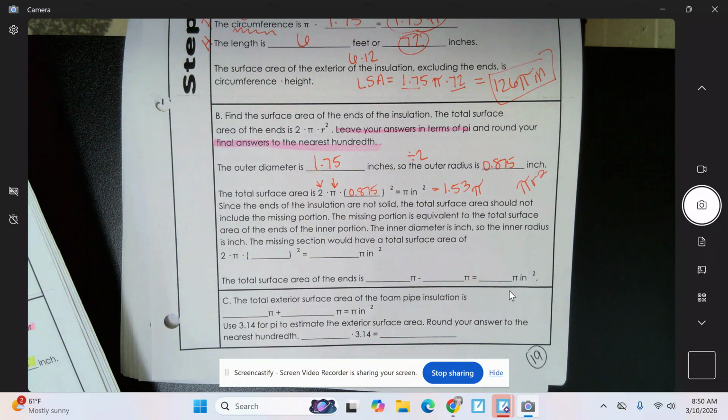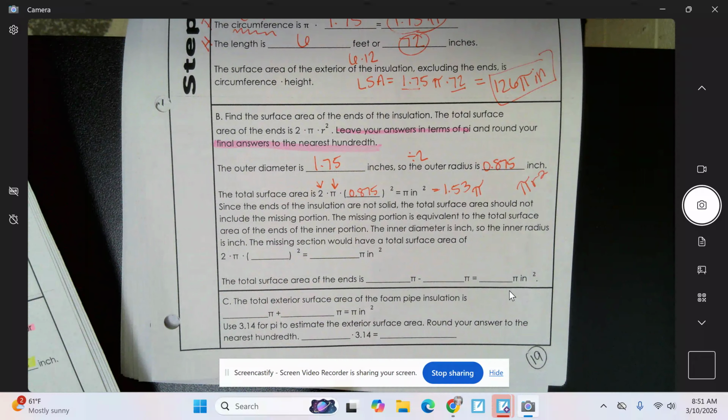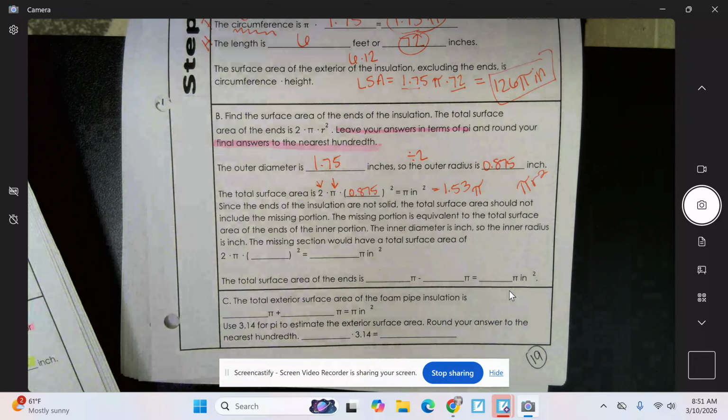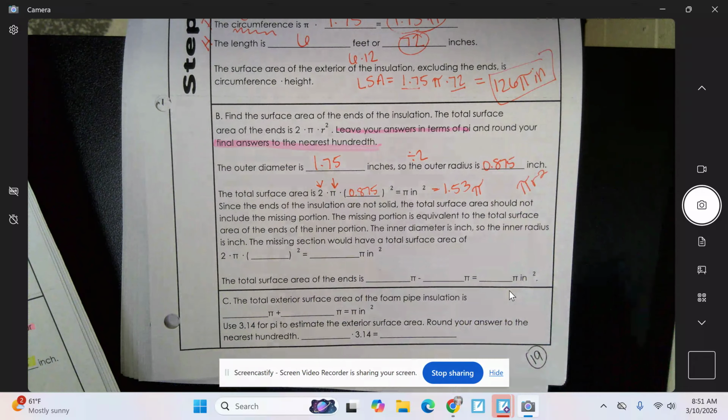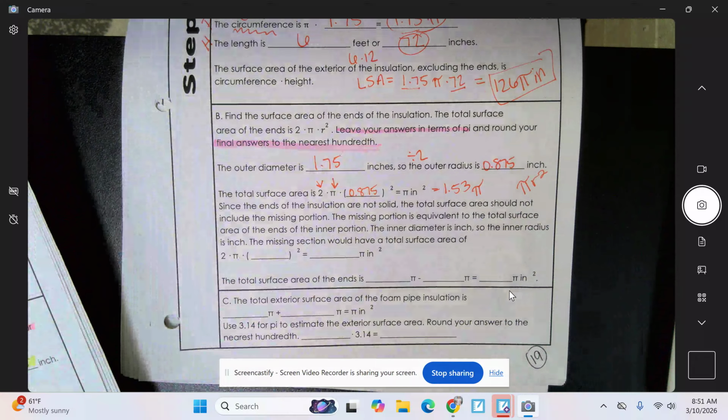Let me try it. Alright, 2 times 0.875 squared. 1.53125. But because it said round your answer to the nearest hundredth, it's 1.53 pi. Okay, so that's the big circle.